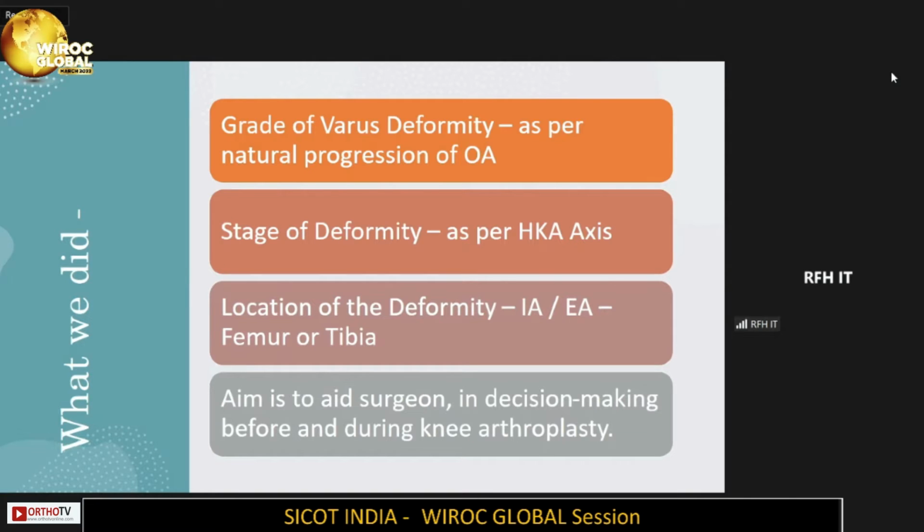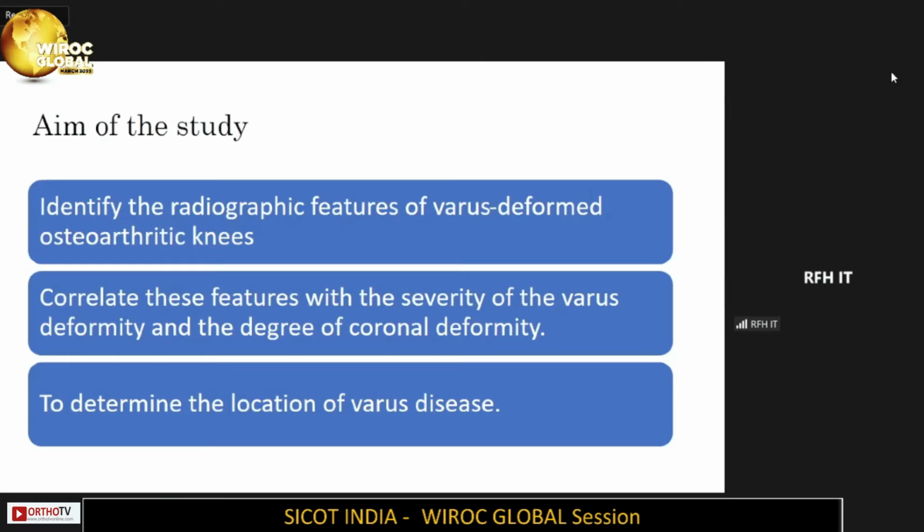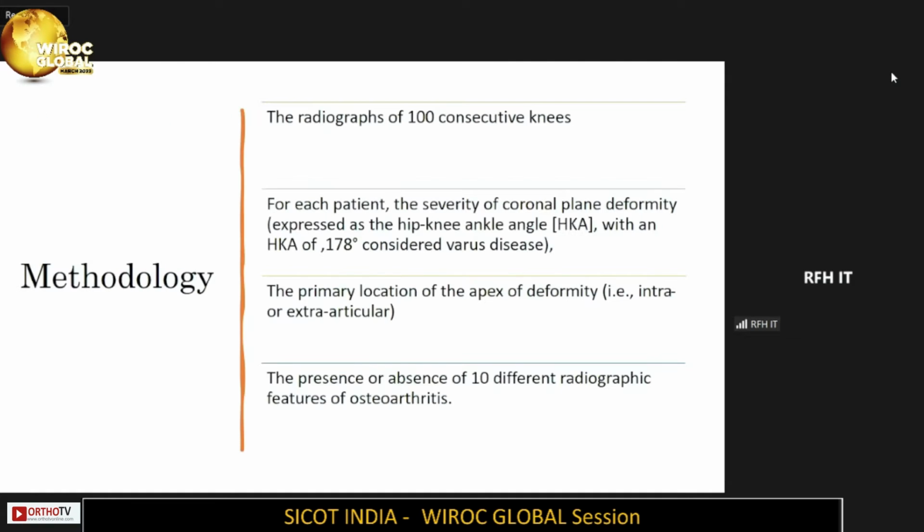All this was carried out keeping in mind to aid the surgeon in decision making before and during knee arthroplasty surgery. So the aim of the study was to identify the radiographic features, correlate these features with the severity of the varus deformity, and the degree of coronal deformity, to determine the location of varus disease.